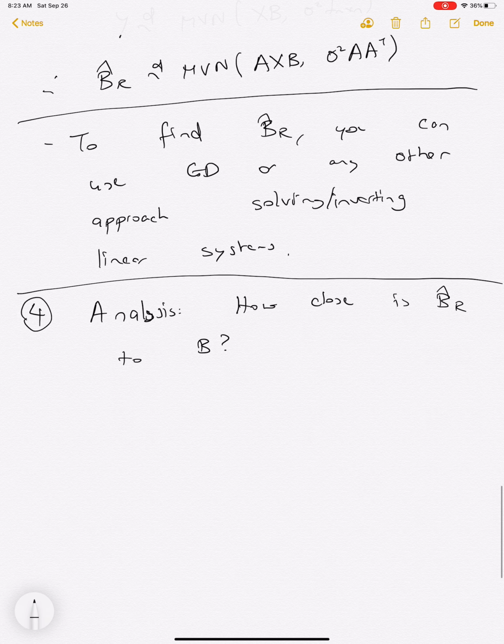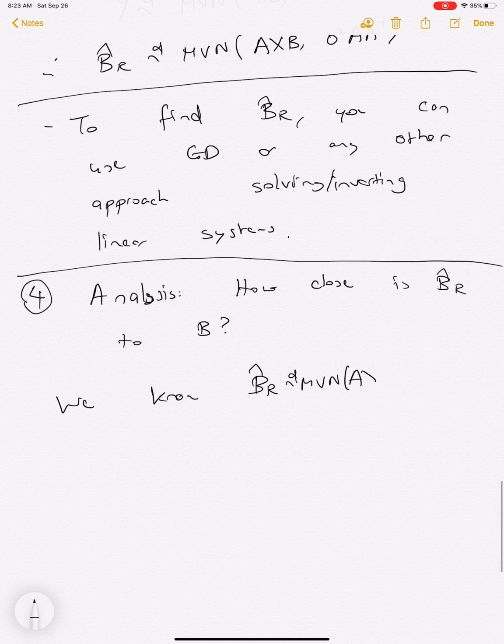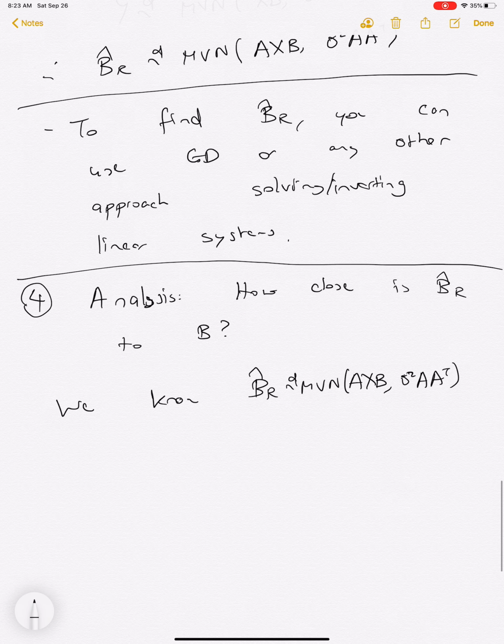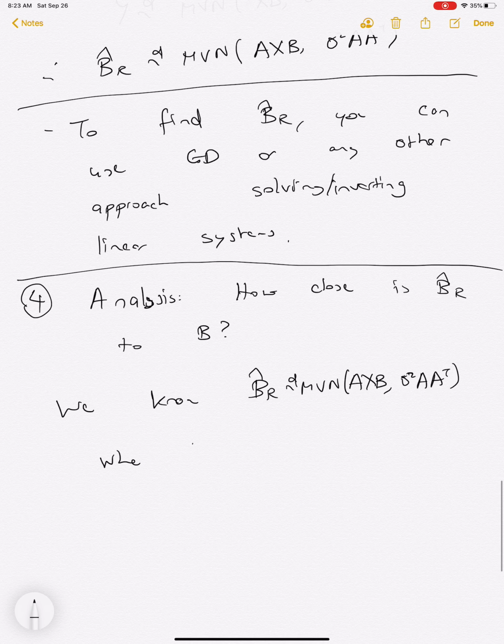And so we're going to use the fact that β hat R is related to β through this expression, where this is what our A matrix is.